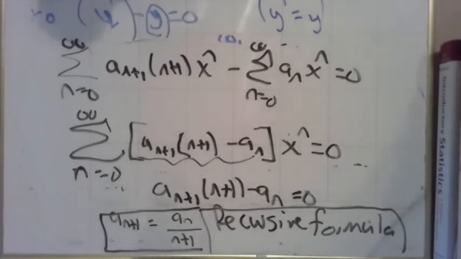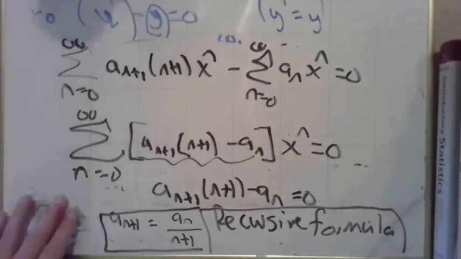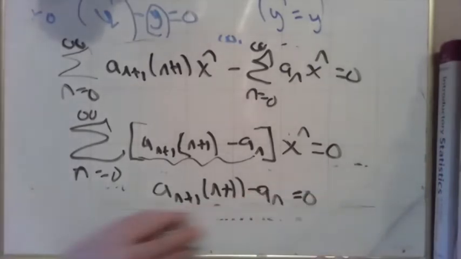Hopefully we see a pattern and we can write down what we think the general term is. But we won't always be able to. Sometimes we'll just write out 5 or 6 terms and go, well, I hope that's enough. In this case, we're going to easily see what the pattern is and figure out what the general formula is for a_n. Okay, so I'm going to write that above here.